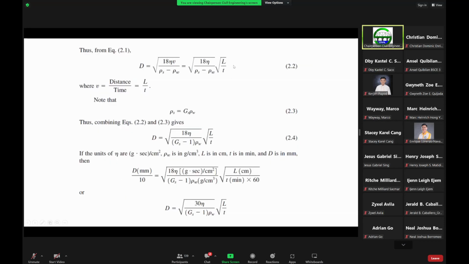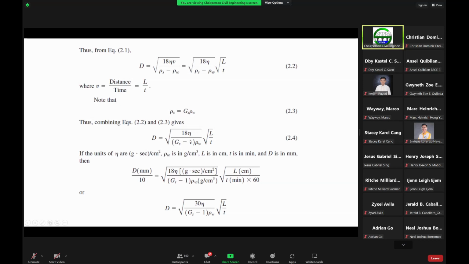Then you have this equation here, and we take note that the density of soil is equal to the density of water times the specific gravity, because we know that the specific gravity is the density of the soil divided by the density of water. If we substitute this one here, then you will get this term here.